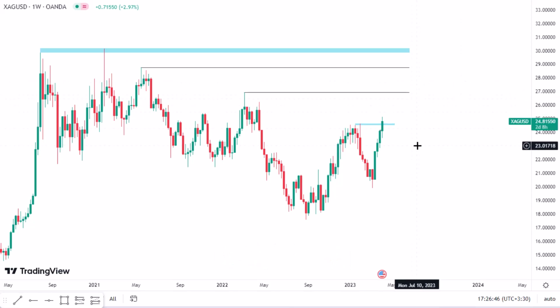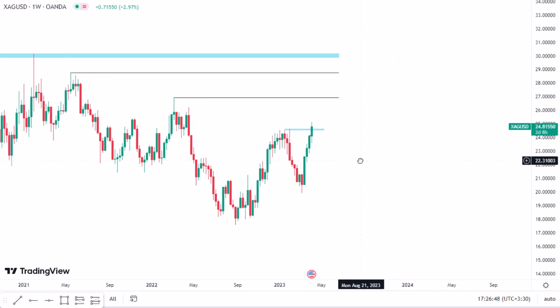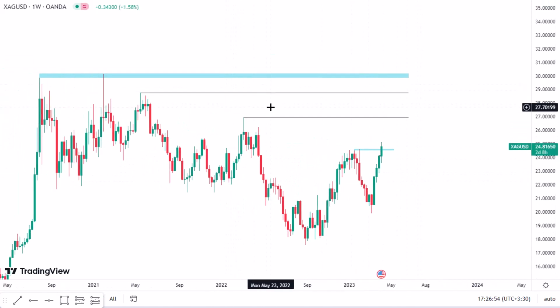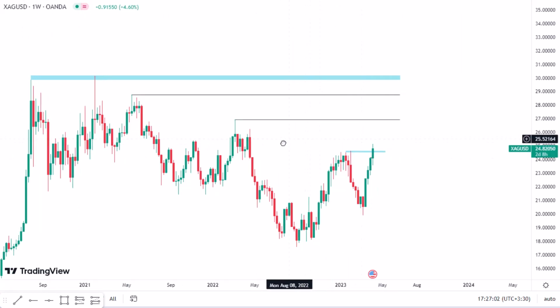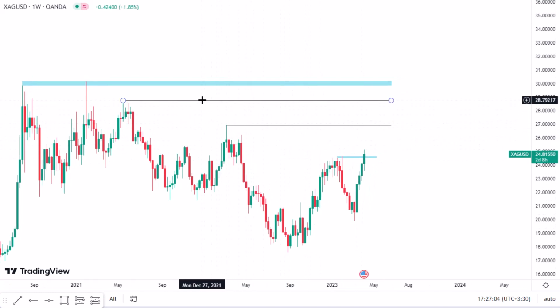As you can see, the gold and silver price has been moving up nicely. If you check the market of silver on weekly time frame, you can see there are resistances in front of the price.